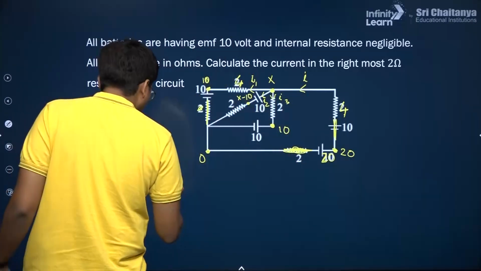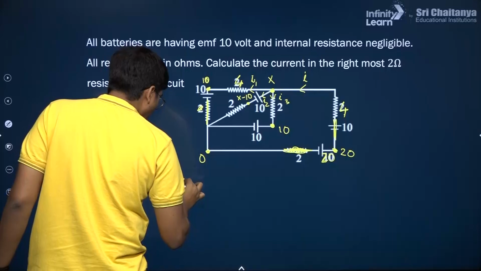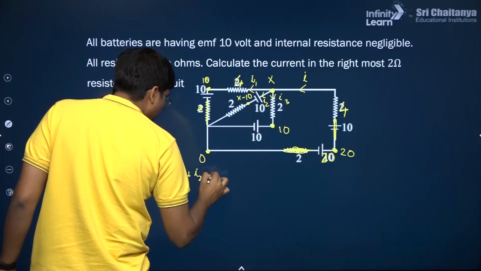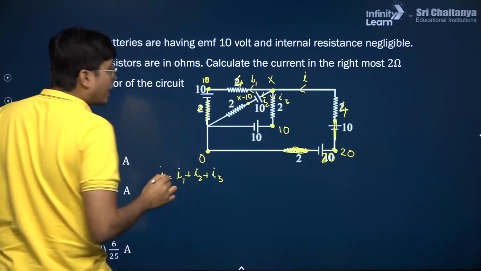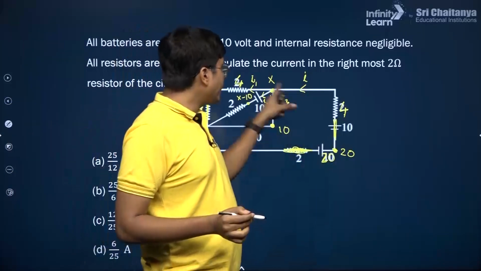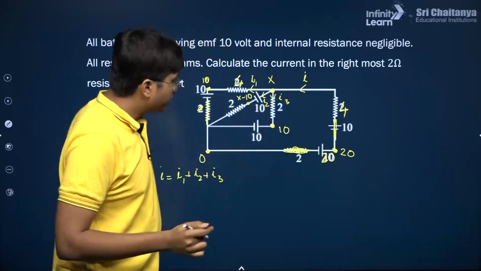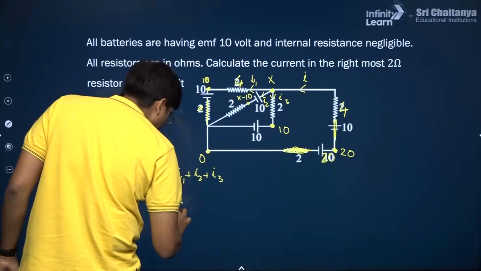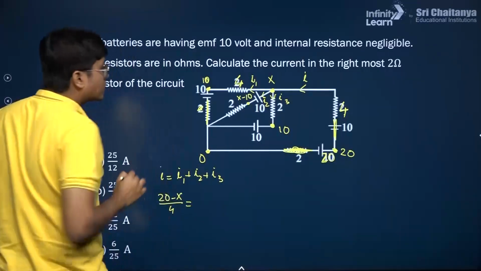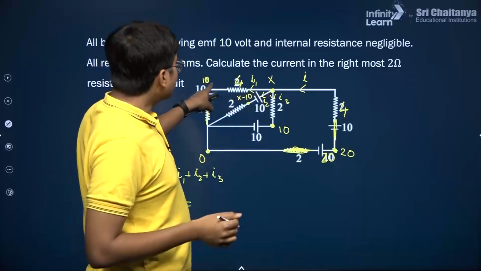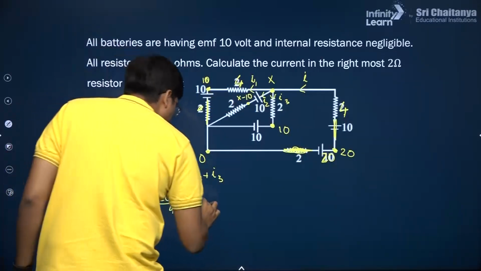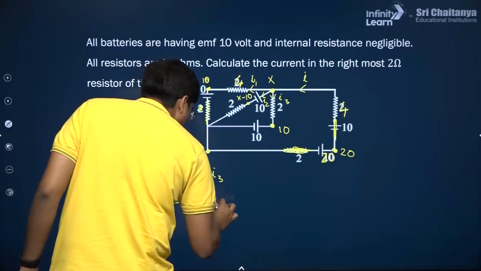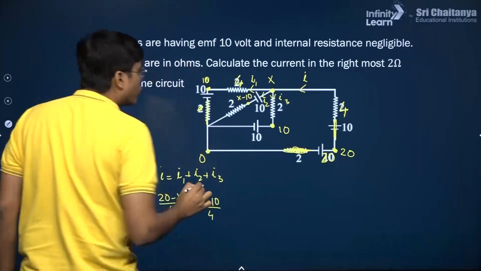We know that I is equal to I1 plus I2 plus I3. Now I is equal to (20 minus x) divided by 4. What is I1? I1 is (x minus 10) divided by 4.